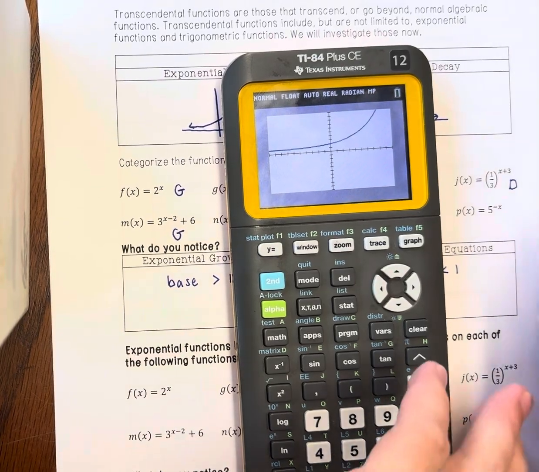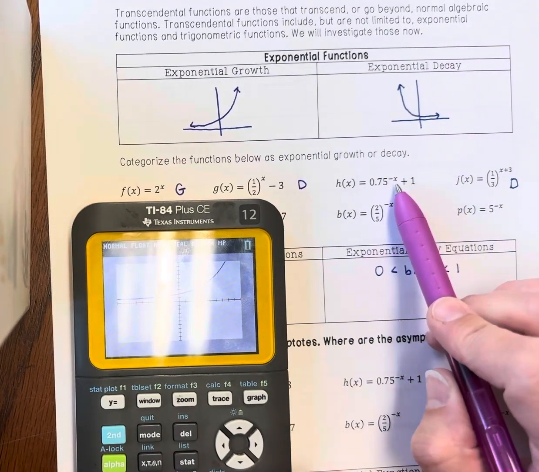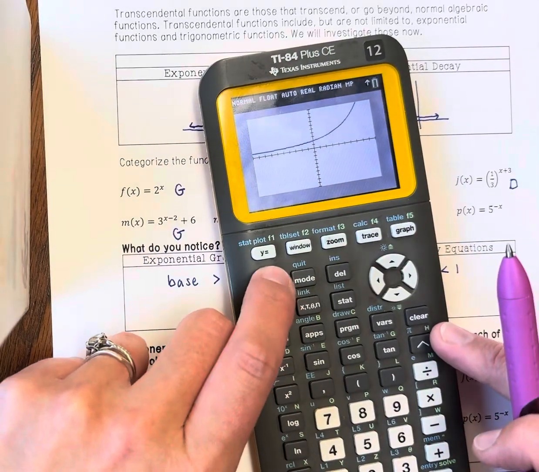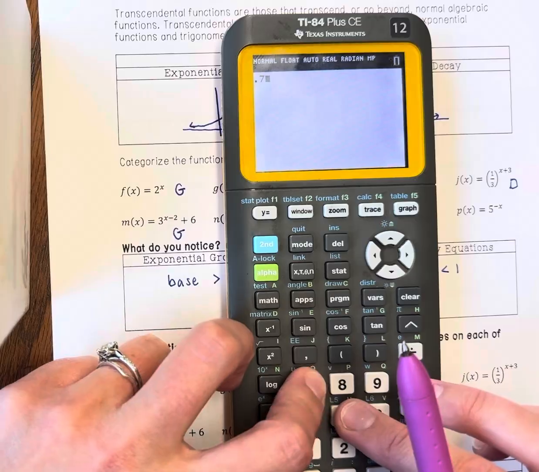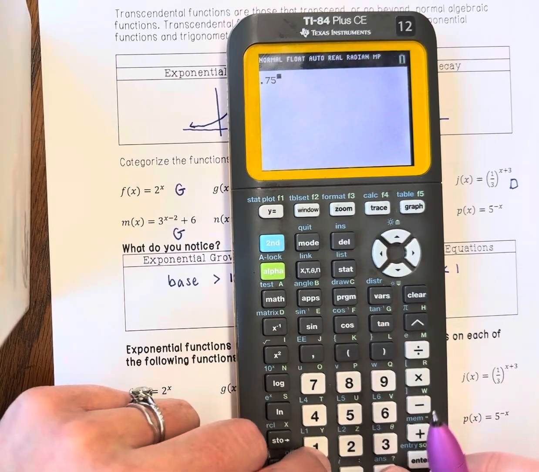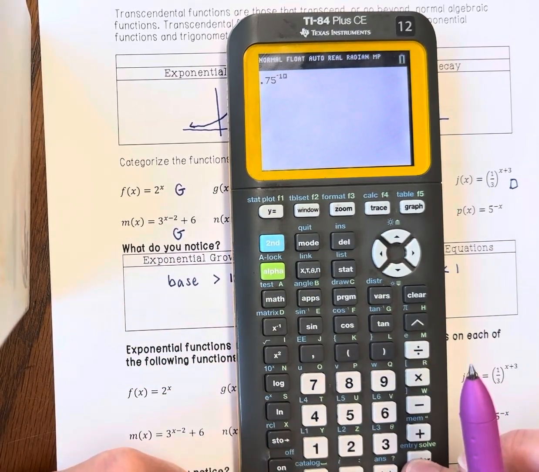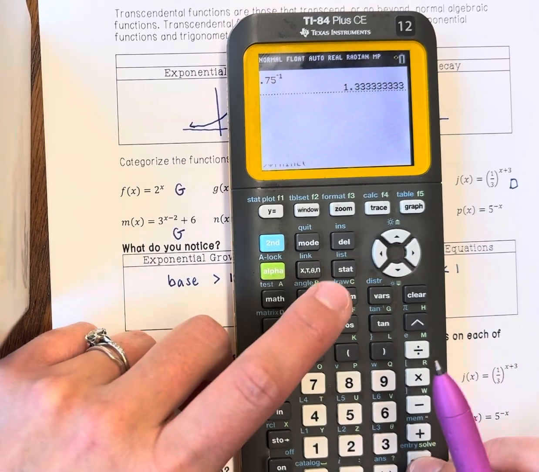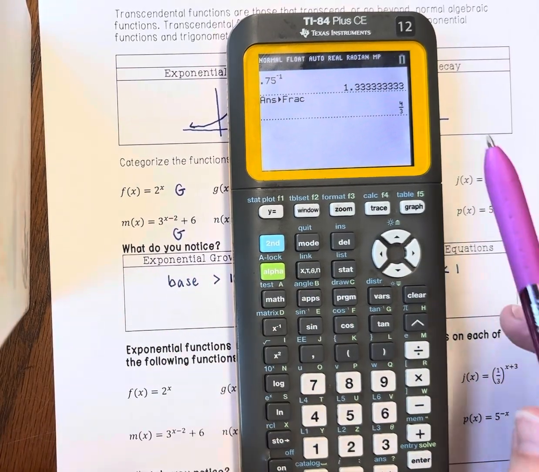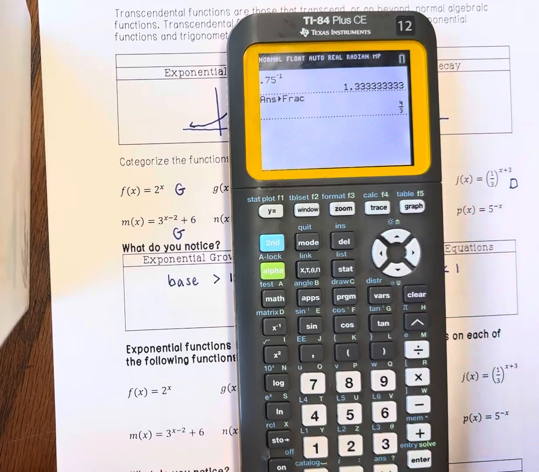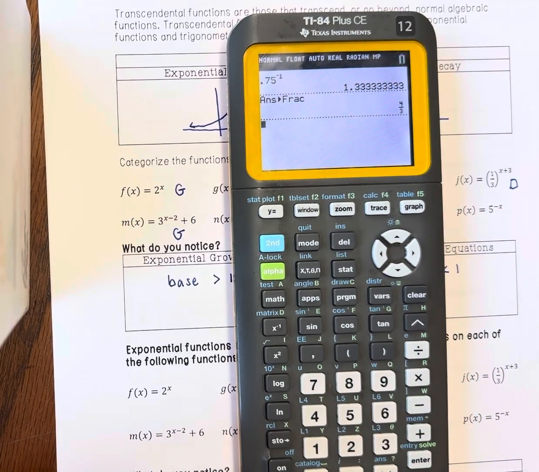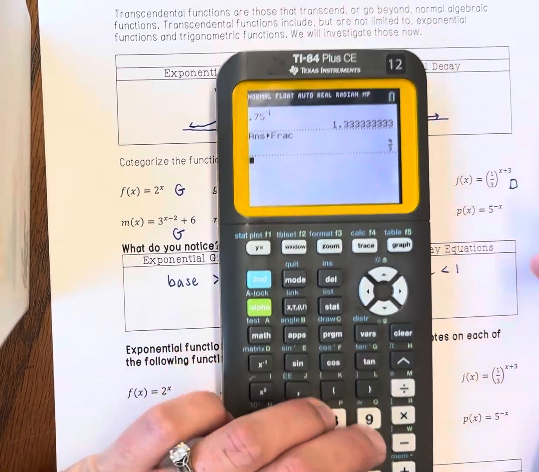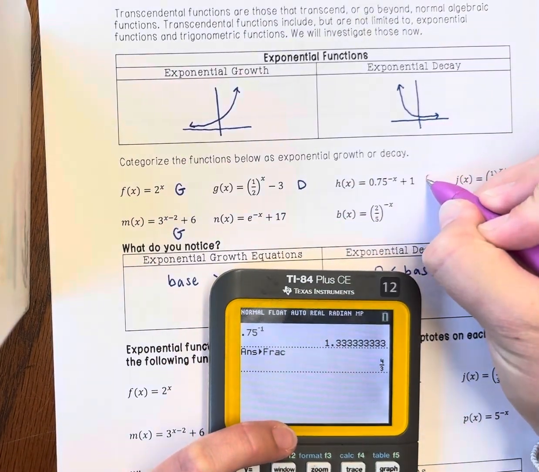The reason is negative exponents. If I did 0.75 to the negative 1, kind of like negative 1x, I would get 1.3 repeating, which is 4/3. 4/3 or 1.3 repeating is a number that's greater than 1. So our base is actually a number that's greater than 1, so this is exponential growth.